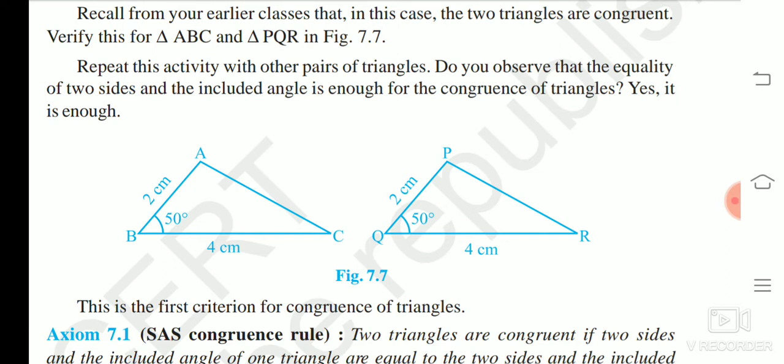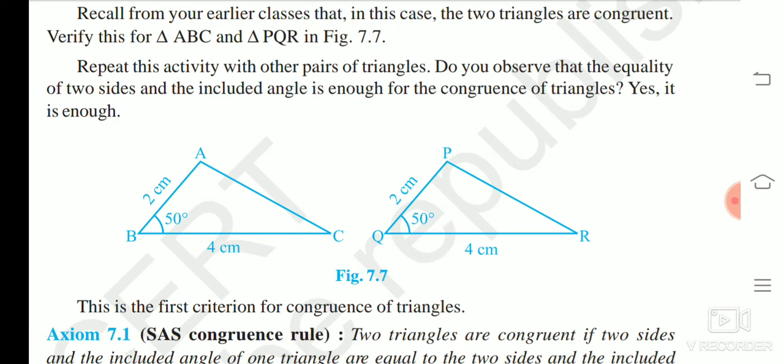So what is the meaning here? AB, PQ 2 centimeter, 2 centimeter, angle B, angle Q 50 degree, 50 degree, side BC and side QR 4 centimeter, 4 centimeter. If you draw this one only, automatically you can get the same size of the two triangles using the three data.